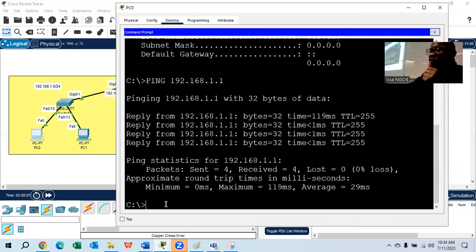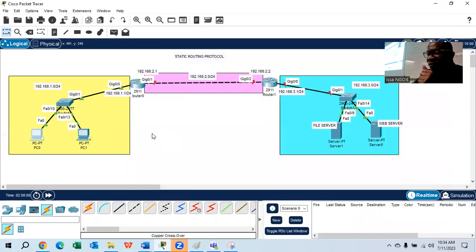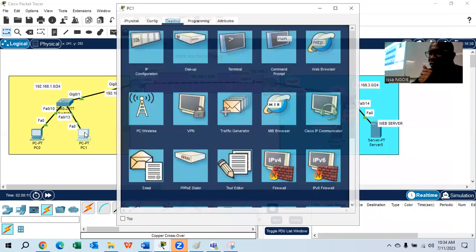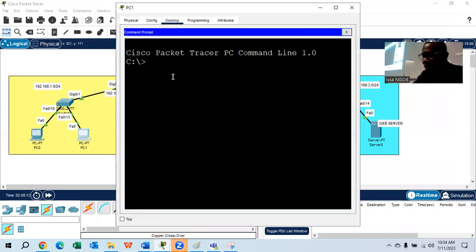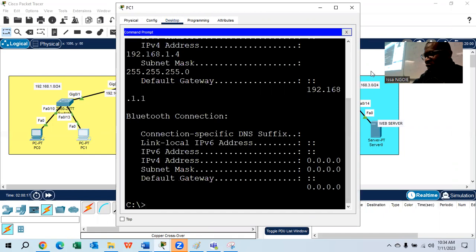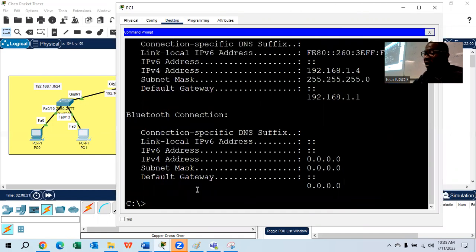Now, I'm going to go to the second PC. I'm going to check my IP config again. My IP is 192.168.1.4. Because I know the other computer, I'm going to ping it. It's 192.168.1.3.